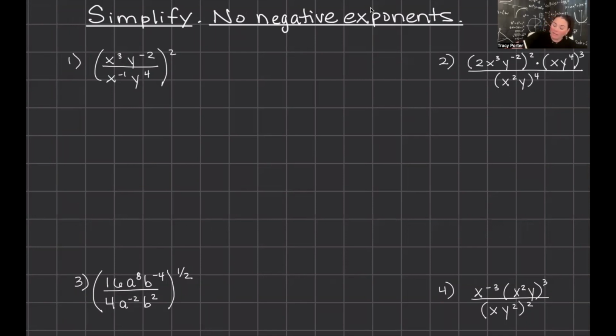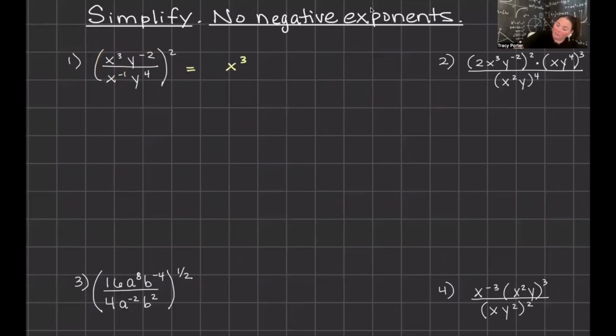One of the things I like to do if I've got everything raised to a power and you have a fraction inside, I like to clean that up first. So I like to work on the inside. And particularly with negative exponents, I want to get rid of them as quickly as possible. Like we said above, you can just move them around. So I'm going to rewrite this.